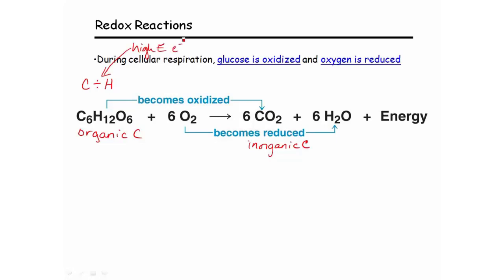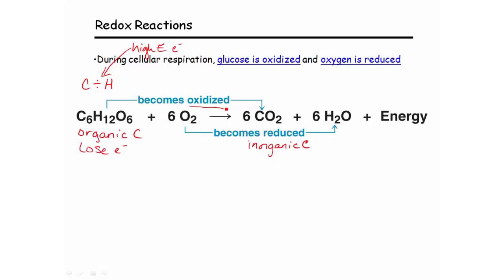These are high energy electrons, and that is exactly what we're interested in when we go through the process of cellular respiration. So in this process, the glucose, or the organic carbon, is going to lose electrons. And when it loses electrons, it will become oxidized. And in the process of becoming oxidized, it will turn into carbon dioxide.